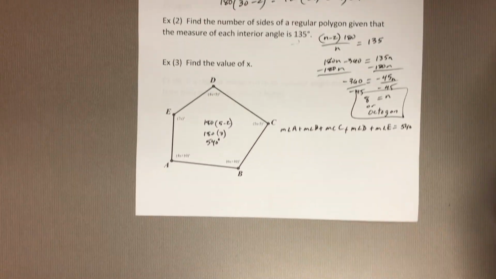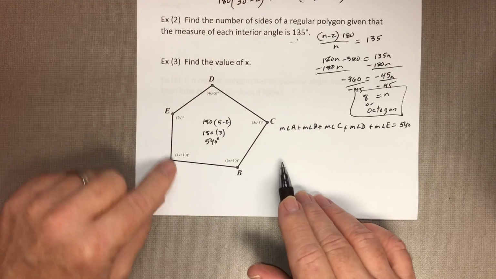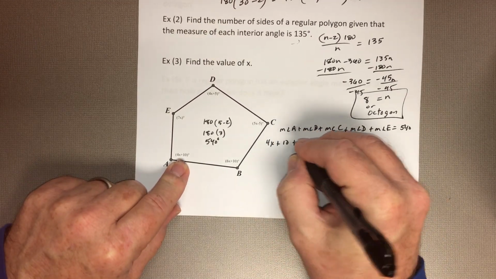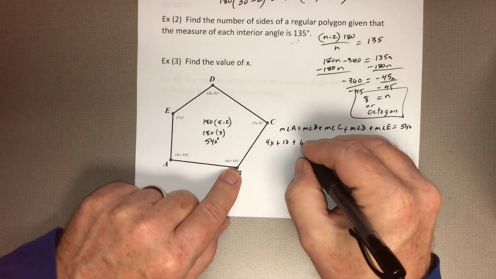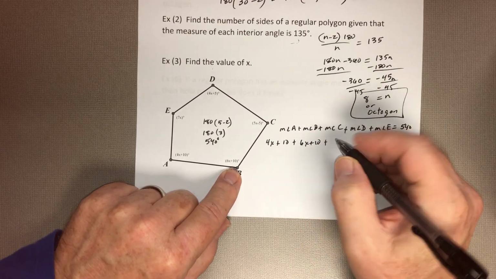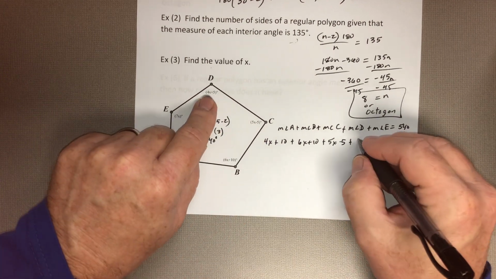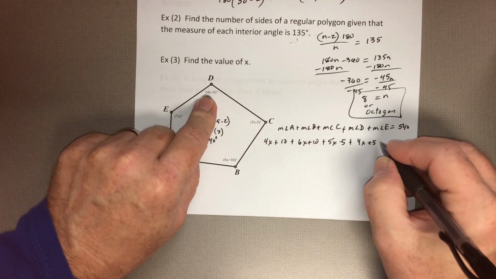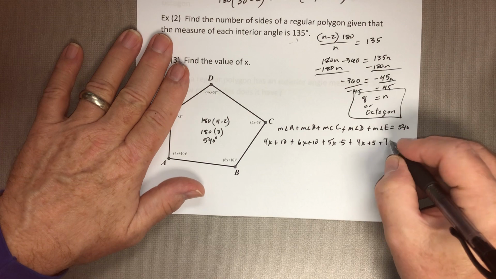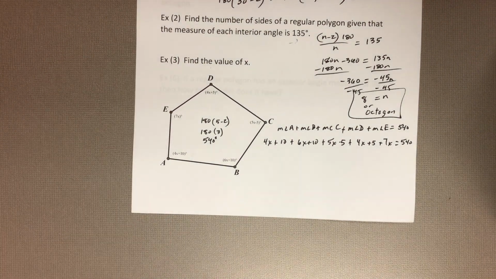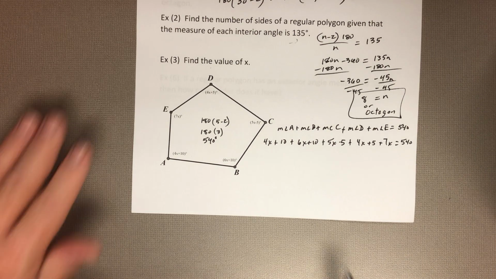Most of us would start with 4x plus 10. I'm going to add to that 6x plus 10, then 5x minus 5, then 4x plus 5, then 7x, and that still has to add up to the sum of those 5 angles, 540. Then we'll simplify the left-hand side.